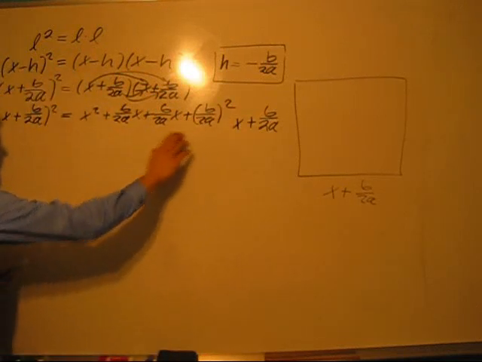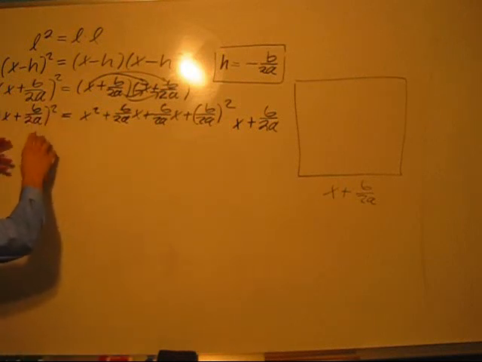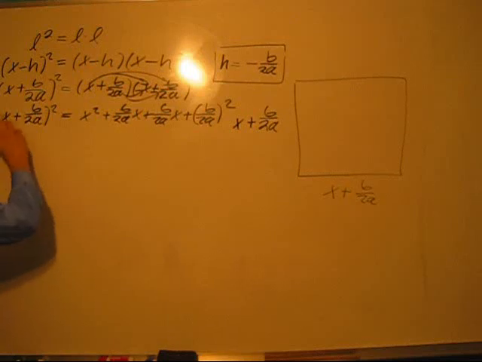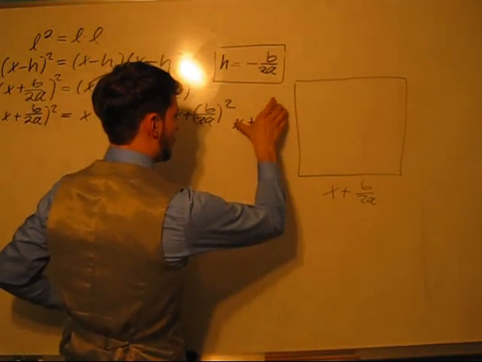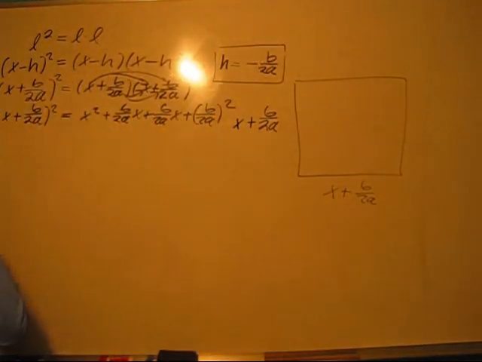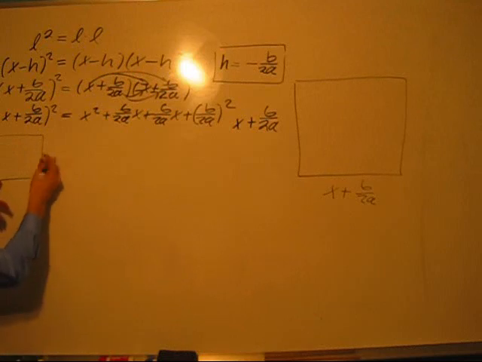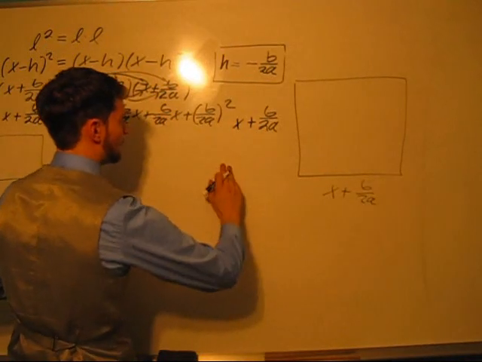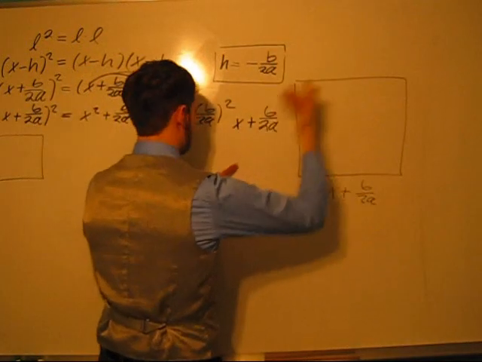Now this is very interesting, because on this side we're saying the area of the square is analogous to the product, that is, the result of multiplying both of these sides. So here we can geometrically interpret a square with side lengths equal to x plus b over 2a and x plus b over 2a.